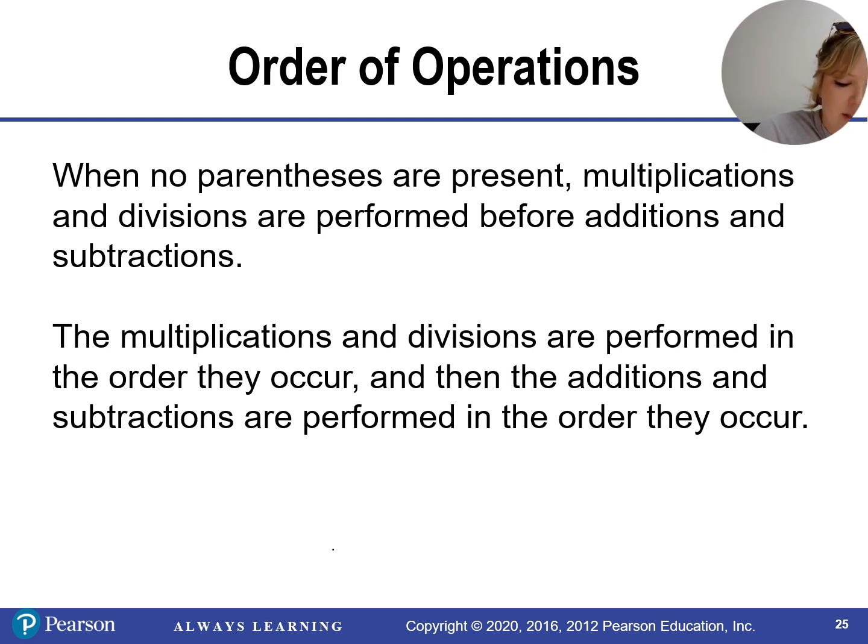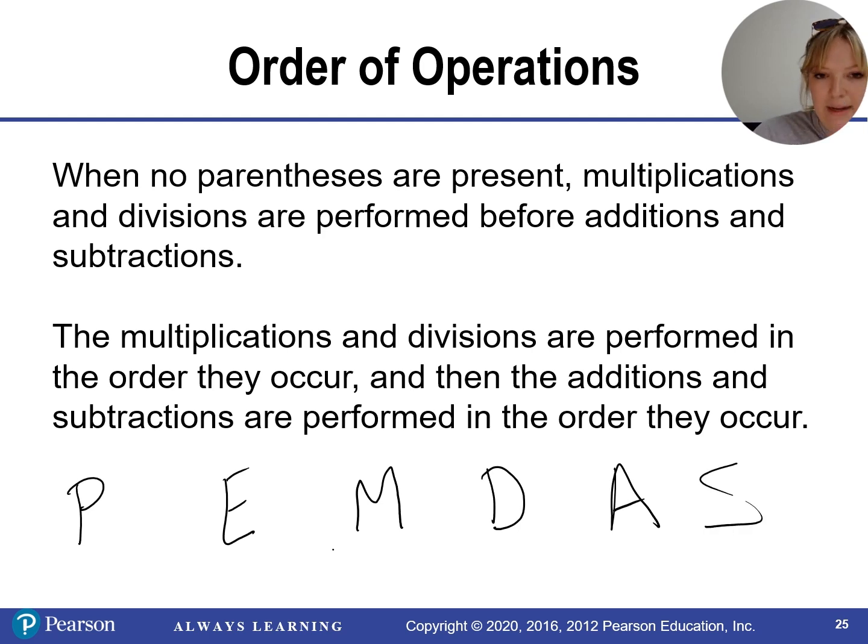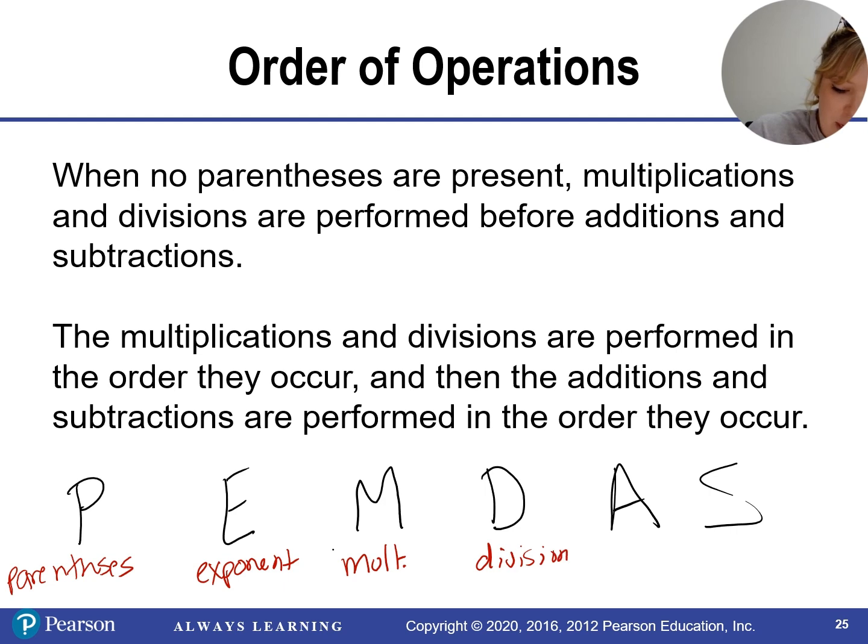So you may have heard the acronym PEMDAS before. I learned it as please excuse my dear Aunt Sally, but P stands for parentheses, E stands for exponent, M stands for multiplication, D stands for division, A stands for addition, and S stands for subtraction.